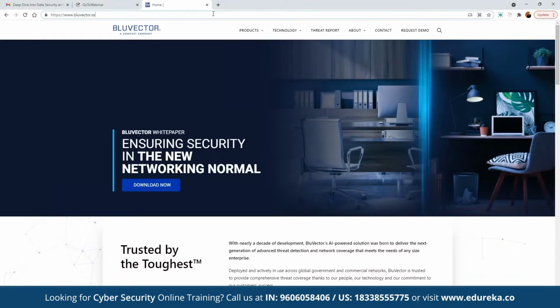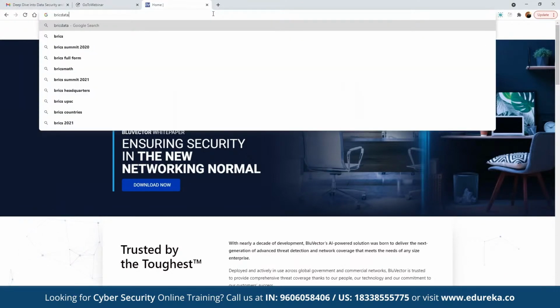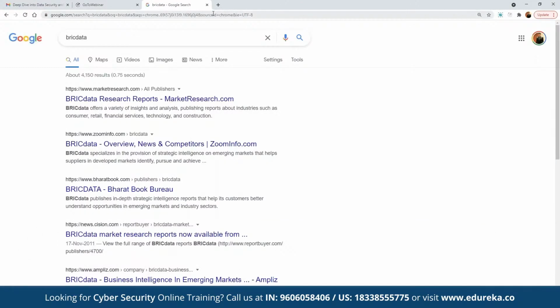Then we have another tool called Brick Data. These days, most basic cybersecurity defenses for any medium to large enterprises will include an intrusion prevention system. Even by itself, a well-tuned IPS, or we can say IDS system, that is constantly monitored by security teams will catch most network problems and security breaches.